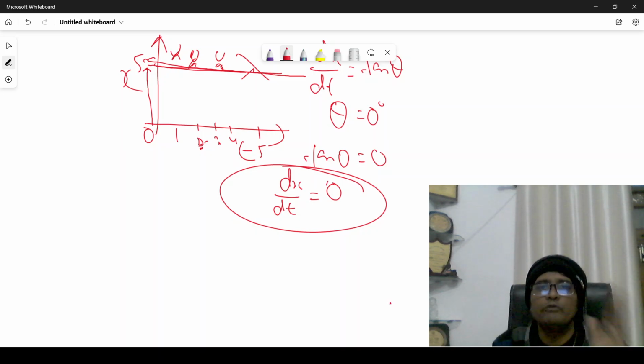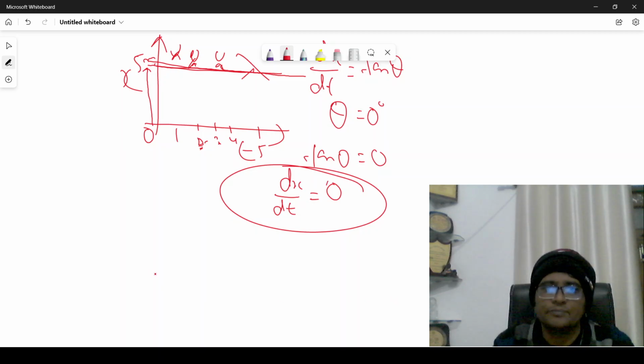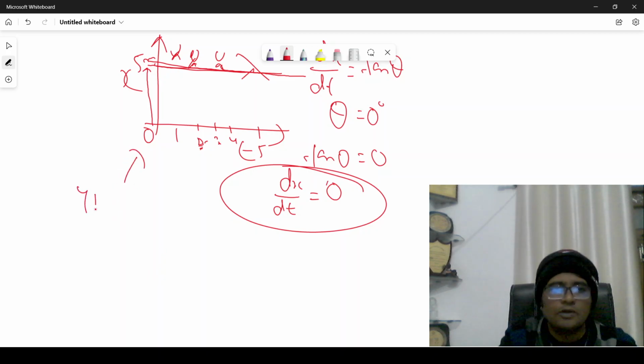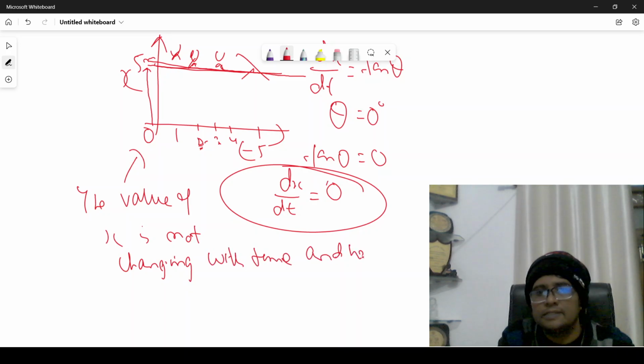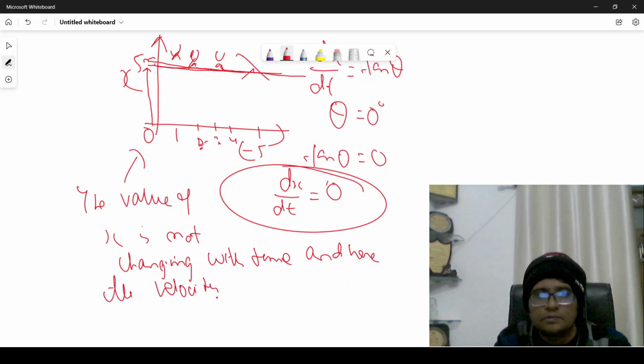It is not moving at all because the value of x is not changing with the time, and hence the velocity is 0. Okay, and body is stationary.